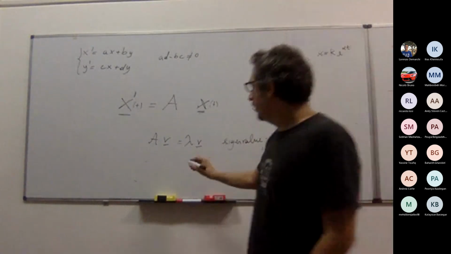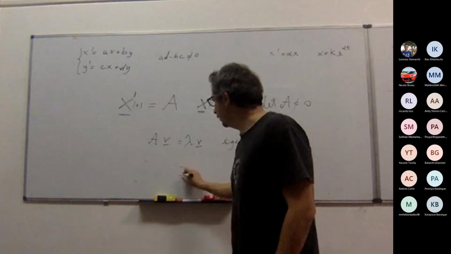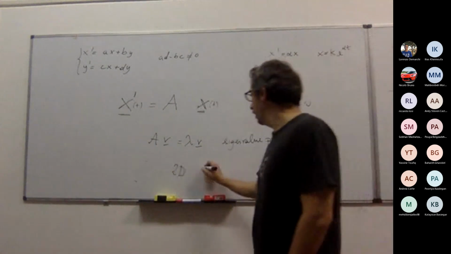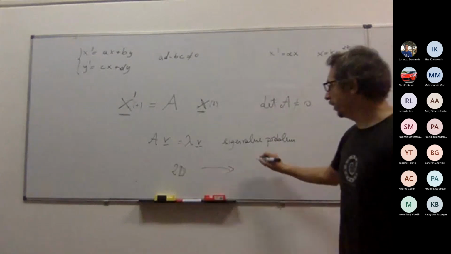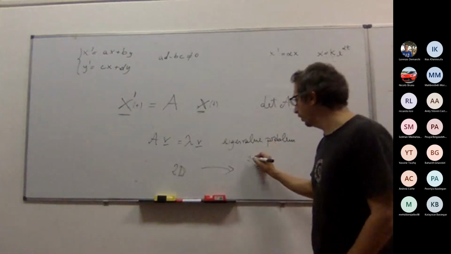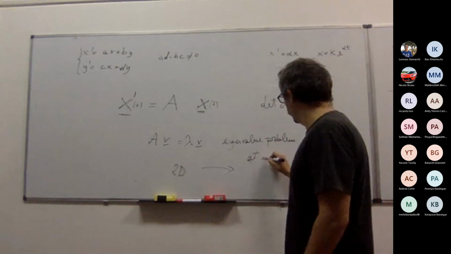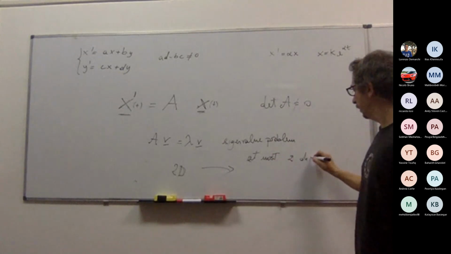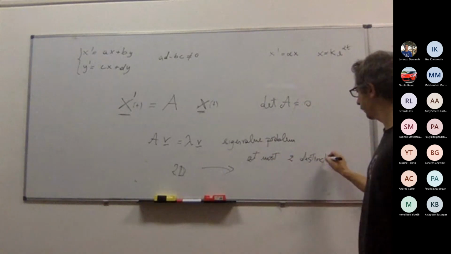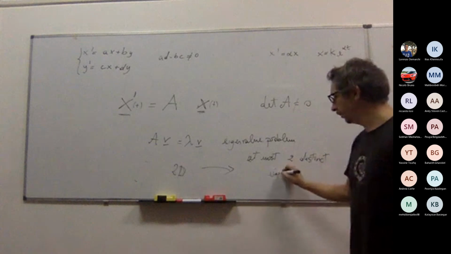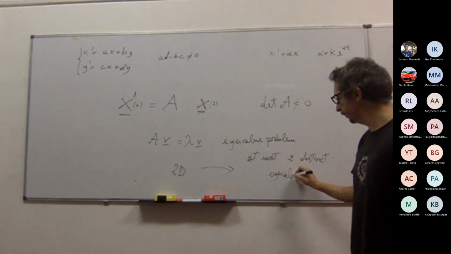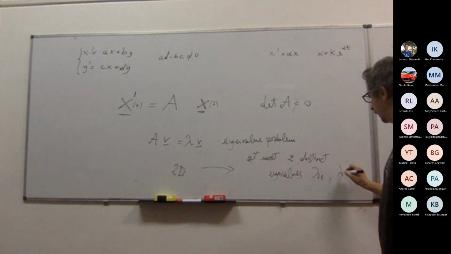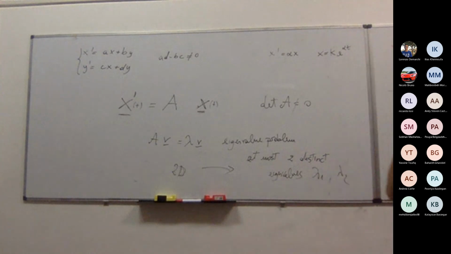So let me repeat. Since we are in 2 dimensions, this implies that there are at most 2 distinct eigenvalues, that I call lambda 1 and lambda 2.